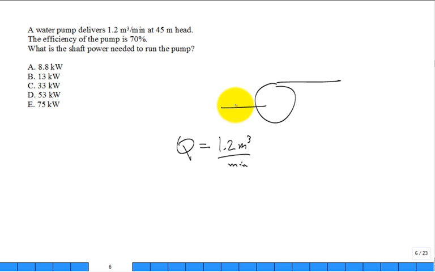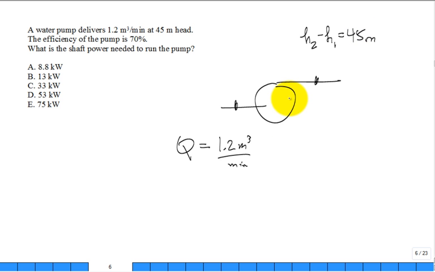Yeah, so basically from this point to that point, the head 2 minus the head 1 is 45 meters. There's an increase of the head, energy per unit weight of the flowing fluid. The outlet has 45 meter higher head than the inlet.